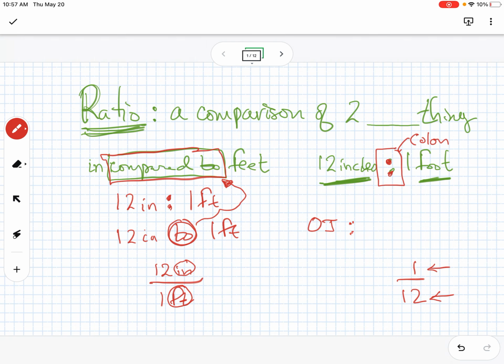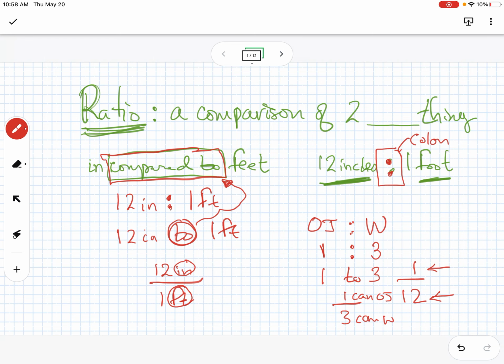When I'm making that frozen orange juice, the ratio of orange juice compared to water is 1 can of frozen orange juice compares to 3 cans of water. In this case, it's cans orange juice, cans water. This is not a fraction because the bottom's not talking about how many parts make a whole and the top's saying how many parts of those do I have.